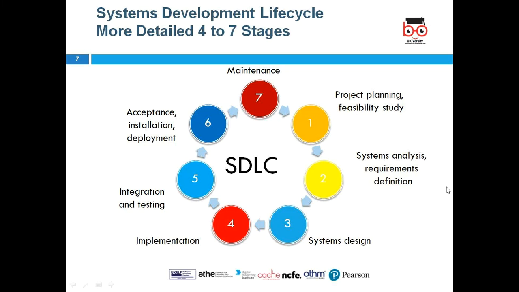And obviously in the implementation, you code it, then integration and testing, and maybe the sixth one is deployment and acceptance, and maintenance is the seventh. So like I said earlier, the main ones are 4, but the extended could be up to 7, makes sense?